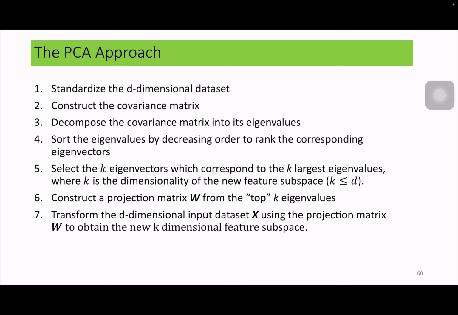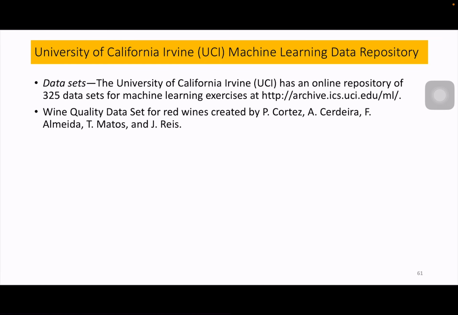And you select the k eigenvectors corresponding to the largest k eigenvalues, where k is the dimension of the new feature subspace. Construct a projection matrix W from the top k eigenvectors, and then you transform the d-dimensional input data x with the projection matrix W to obtain the new k-dimensional feature subspace. So this is the PCA approach.